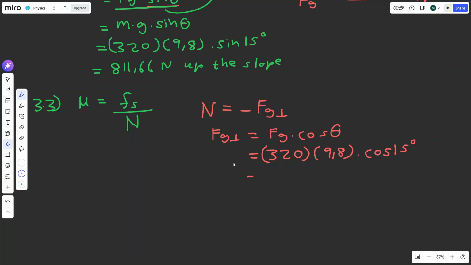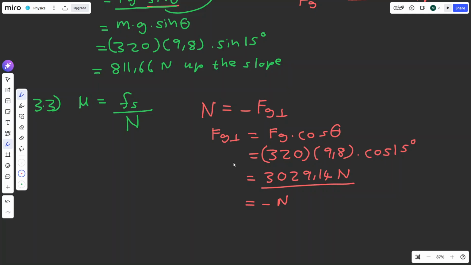The answer you'll get here is 3029.14 newtons. So that is our force perpendicular to the plane. And given that the normal force is equal to Fg perpendicular, just acting in opposing directions, we can use this magnitude here. So this is equal to negative N.